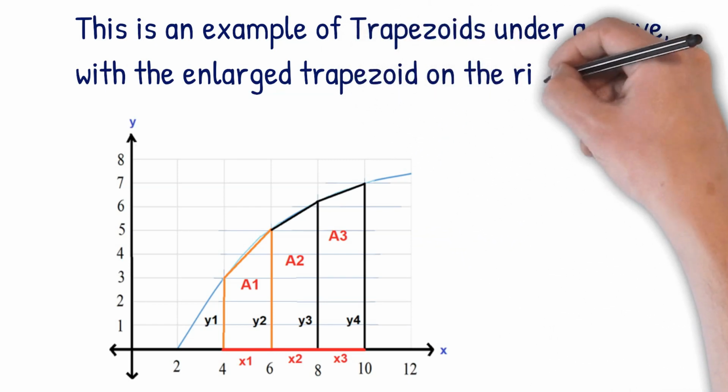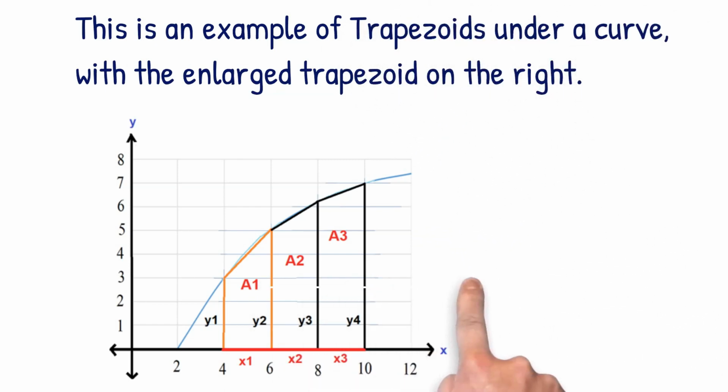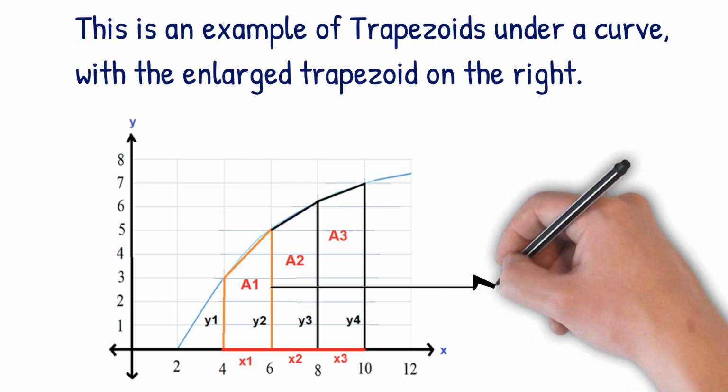This is an example of trapezoids under a curve with the enlarged trapezoid on the right.